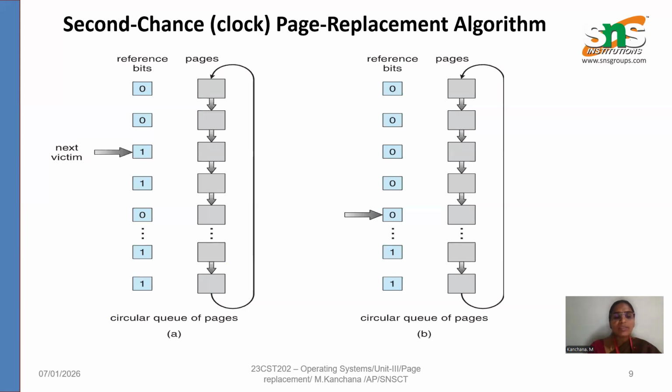If it sees a page that has been active, that is, the reference bit is 1, it clears that bit to 0 and passes over it, giving it another cycle of life. If all pages have their bit set to 1, the clock hand will simply loop around, clear everyone's bit, and end up replacing the first page it started with.